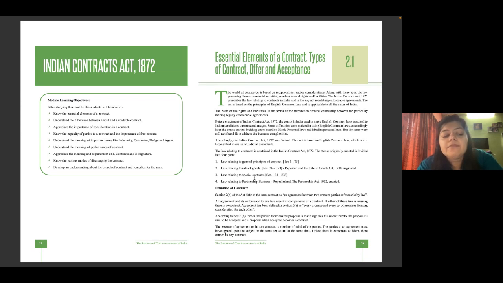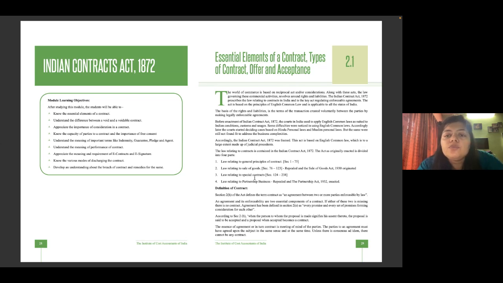The lawful enforcement of such agreements depends on multiple other components, which have been dealt with under the Indian Contract Act, such as the capacity of parties, the legality of object, the competence of the parties, as well as how a particular contract can be enforced vis-a-vis the other party in situations where there is a breach.